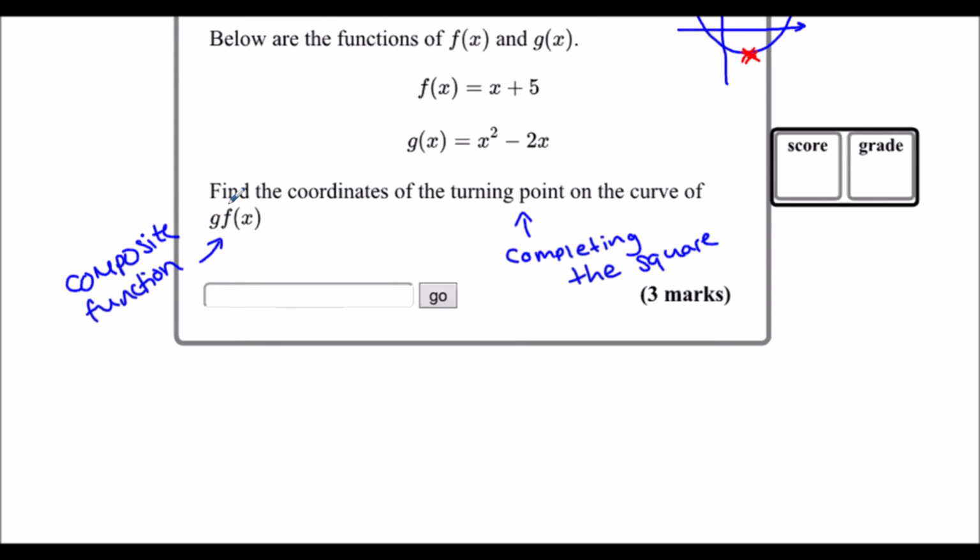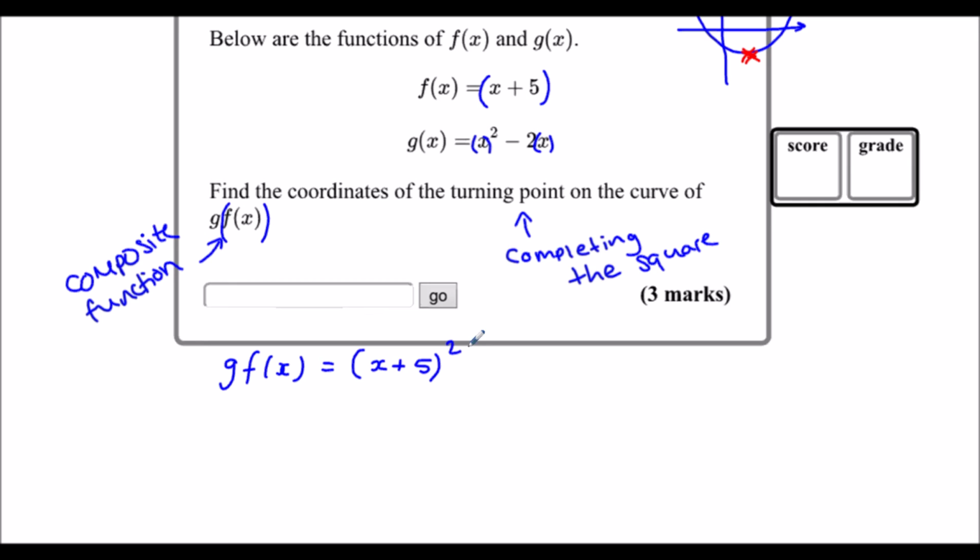So that means we're going to take whatever f of x is and substitute it into g. So f of x is x plus 5. So we're going to substitute x plus 5 in to wherever it says x in g. So g f x is going to be, so we had x here, so we're going to change it to x plus 5.